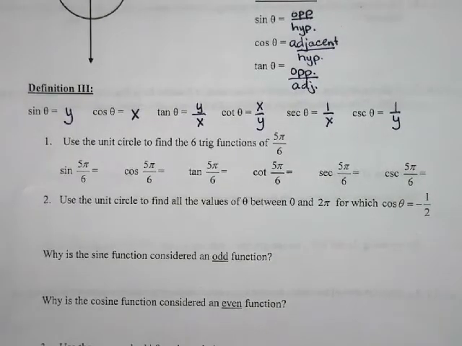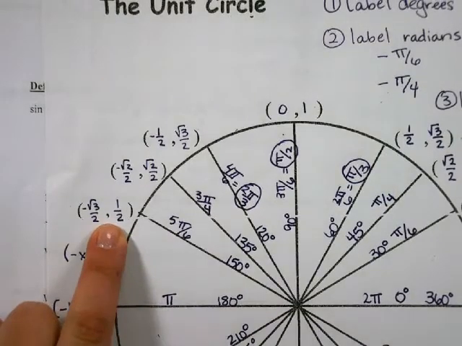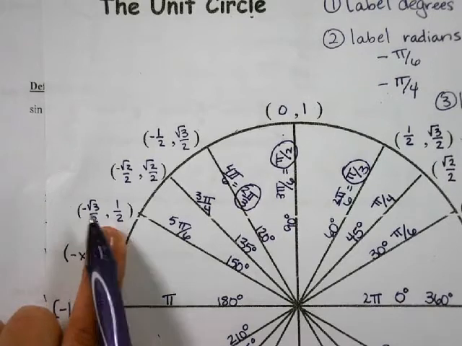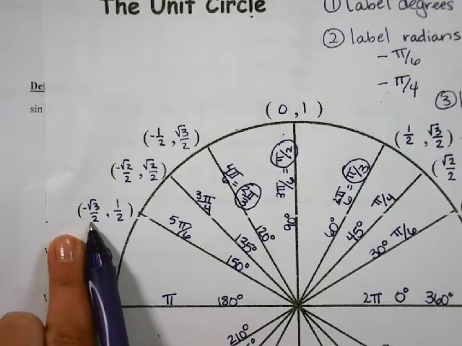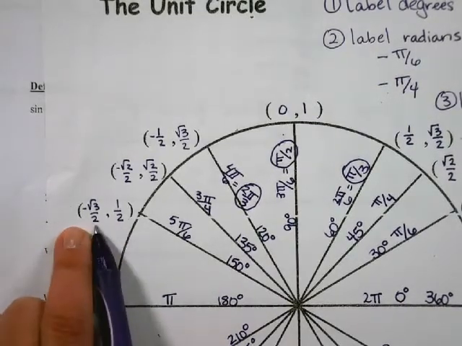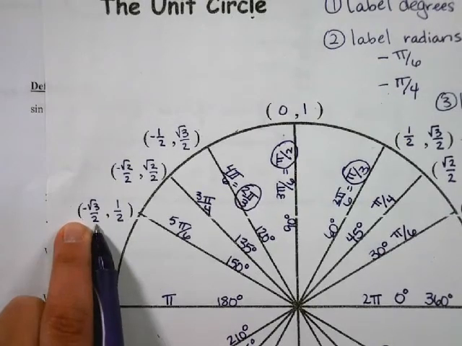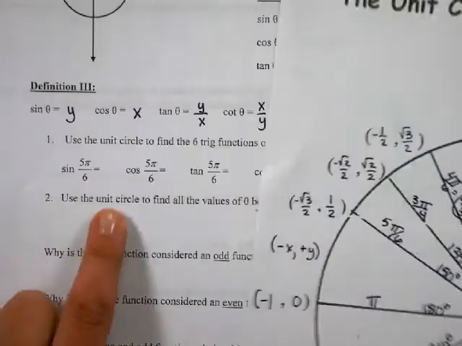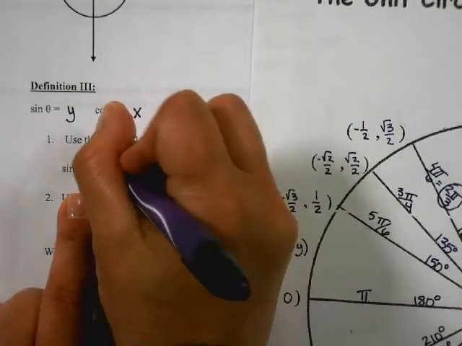Where is 5 pi over 6? 150 degrees, right? All right, so now I'm going to look at my guy right here. Sometimes it's like, which one comes first? Is it sine or cosine? Remember, cosine comes before sine. It's alphabetical. So x comes before y. So this guy right here is my cosine of 5 pi over 6. So what's the sine of 5 pi over 6? 1/2.